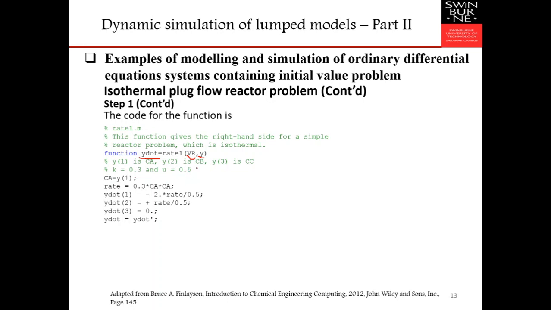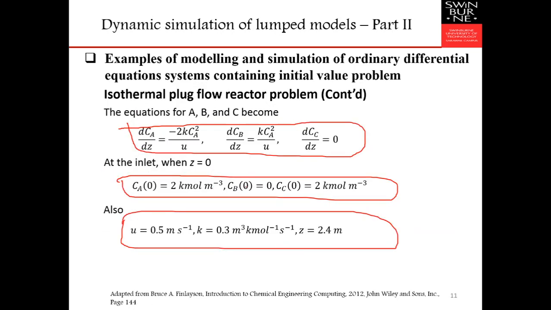Your y is a vector consisting of 3 components. Your concentration of A is the first component of y, and then the rate here is defined as 0.3 multiplied by CA. So the first term here, ydot 1, is equal to your first differential equation.